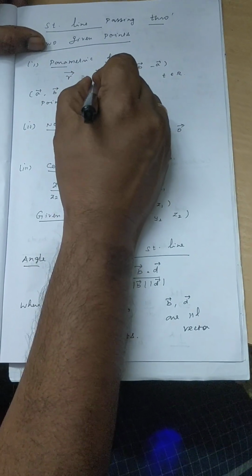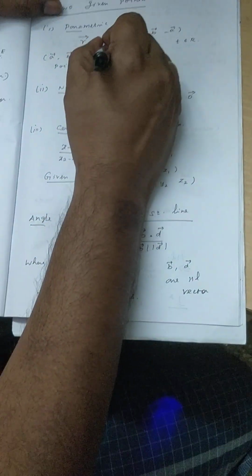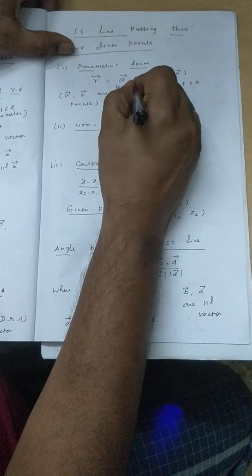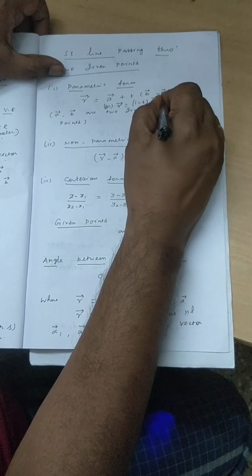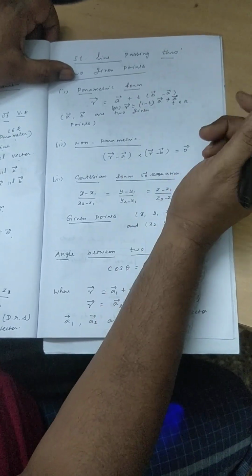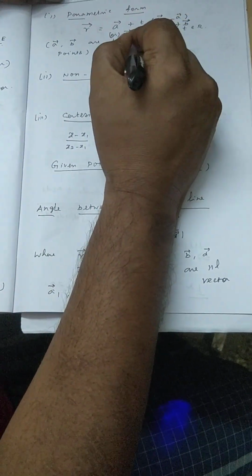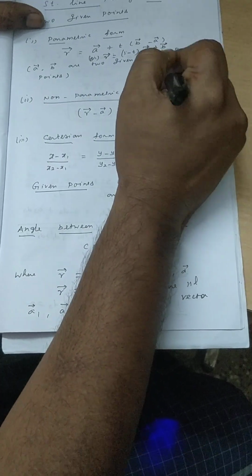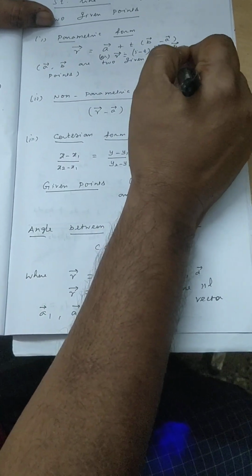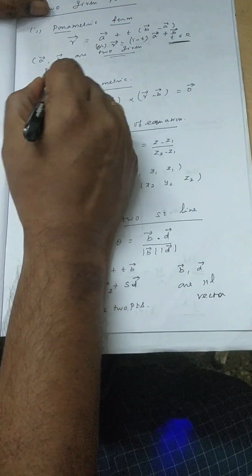R vector is equal to a vector plus t into (b vector minus a vector), or r vector is equal to (1 minus t) into a vector plus t into b vector. Any one type we can write, where t belongs to R. A vector and b vector are the two given points, very important.